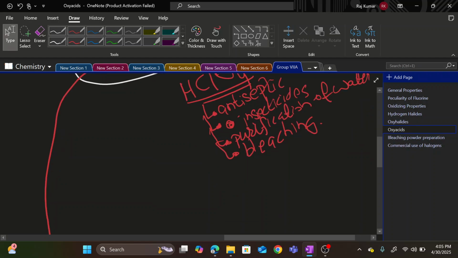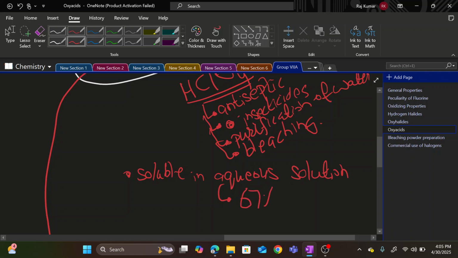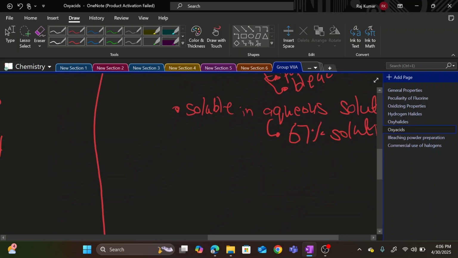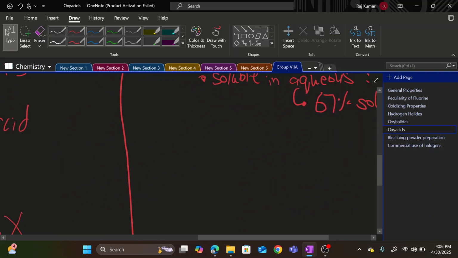It is important to understand that it is soluble in aqueous solution. It is only available in aqueous solution. Whenever we are going to utilize HClO4, we are only going to use it in aqueous solution, and it should be a 67% solution in water, because if we use more than that, or the pure form of perchloric acid, then it's going to blast.